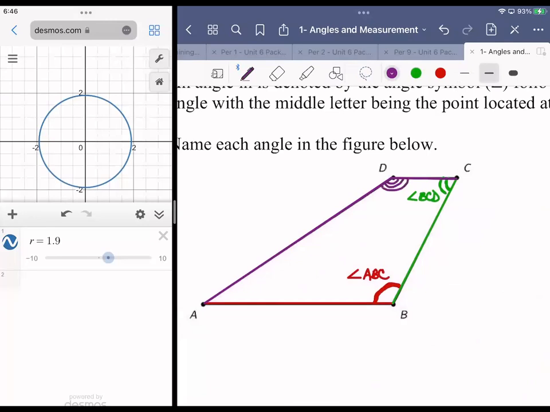The more arcs you draw, the tougher it is to make it look nice. Right? But I'm starting off on the line segment going from C to D, then going from D to A. Or I could say I'm going from A to D and then D to C. Either way. Right? So this would be angle, pick whatever one you like, CDA.